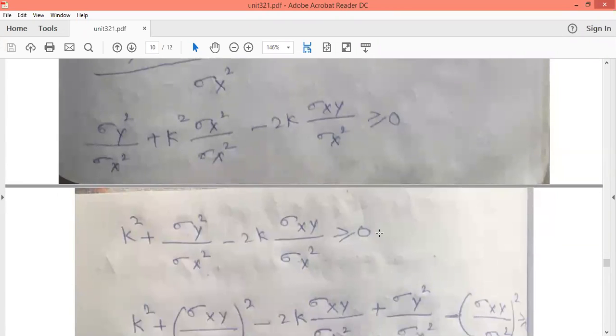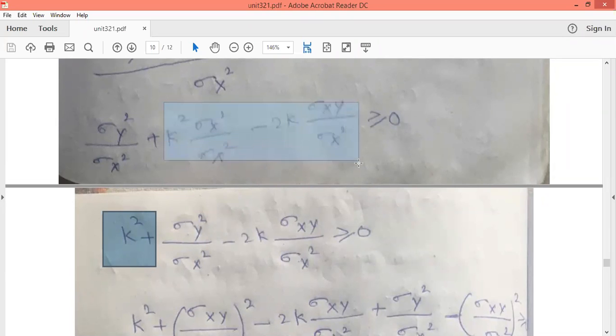Okay. Now if you compare this here, what do we have? You observe, we get sigma xy by sigma x square and k square. We have k square already, and we have to have sigma xy by sigma x square whole square. That is why only then can we write it.